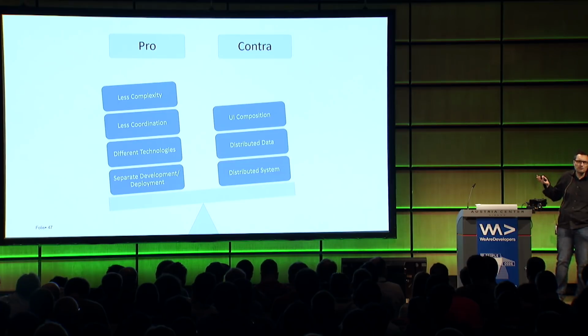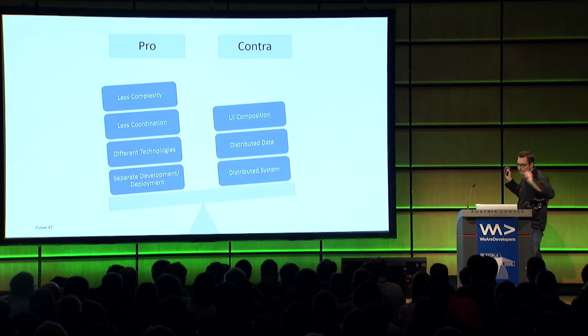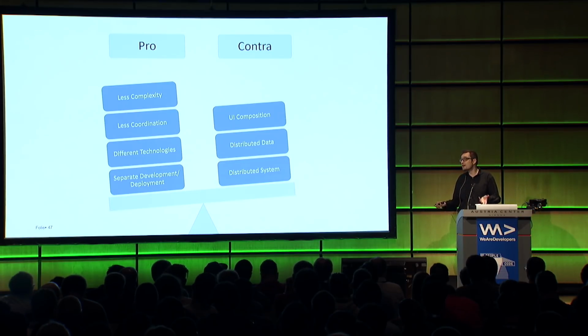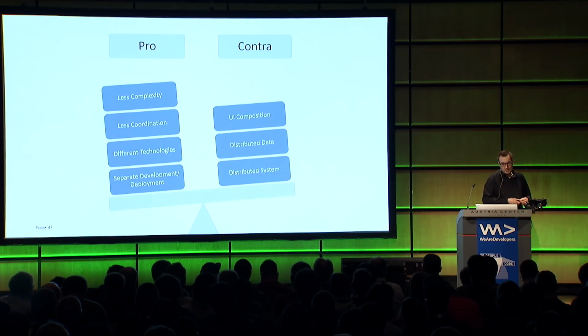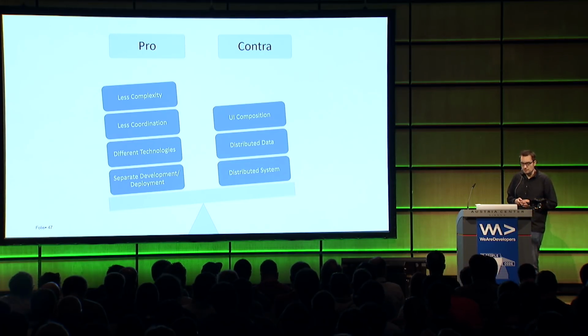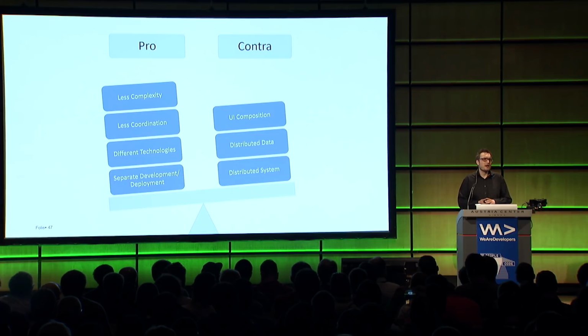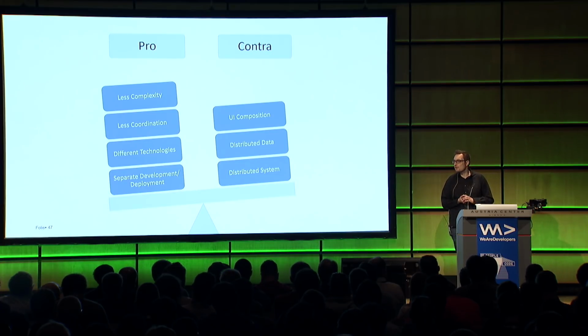Of course, everything comes with disadvantages. This is what software architecture is about. You have a highly distributed system. You have distributed data because you have a lot of individual applications, and you need UI composition. You need UI composition because your customer isn't that much interested in microservices.